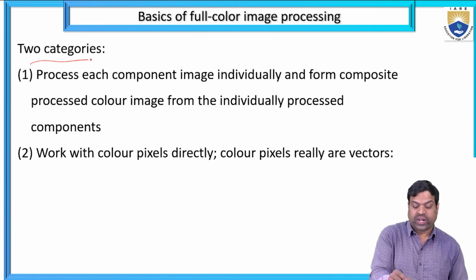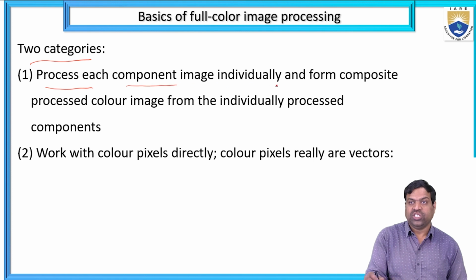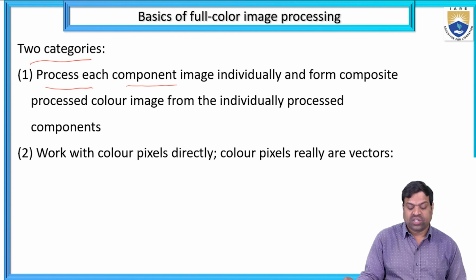So what are the two categories? The first category processes each component image individually and forms a composite processed color image from the individually processed components. The second one works with color pixels directly. Color pixels really are vectors.